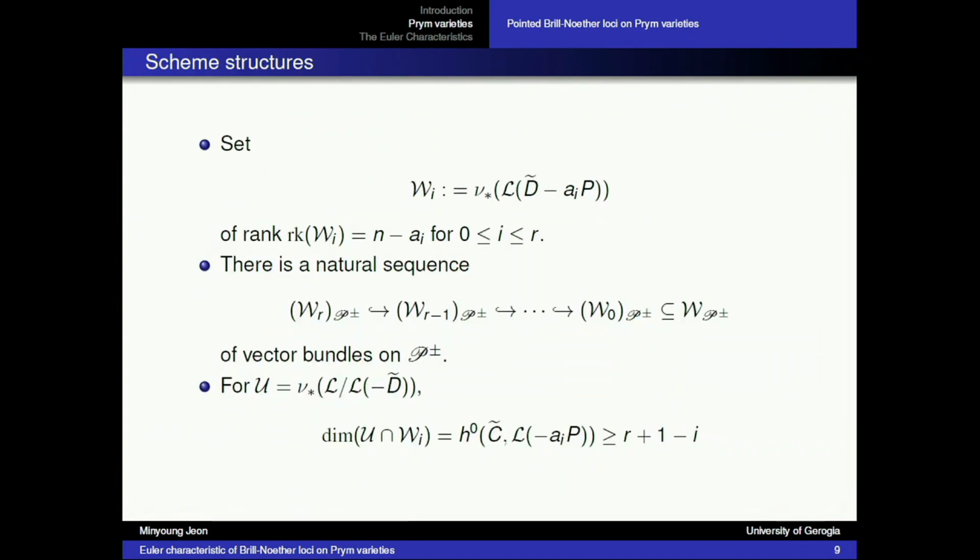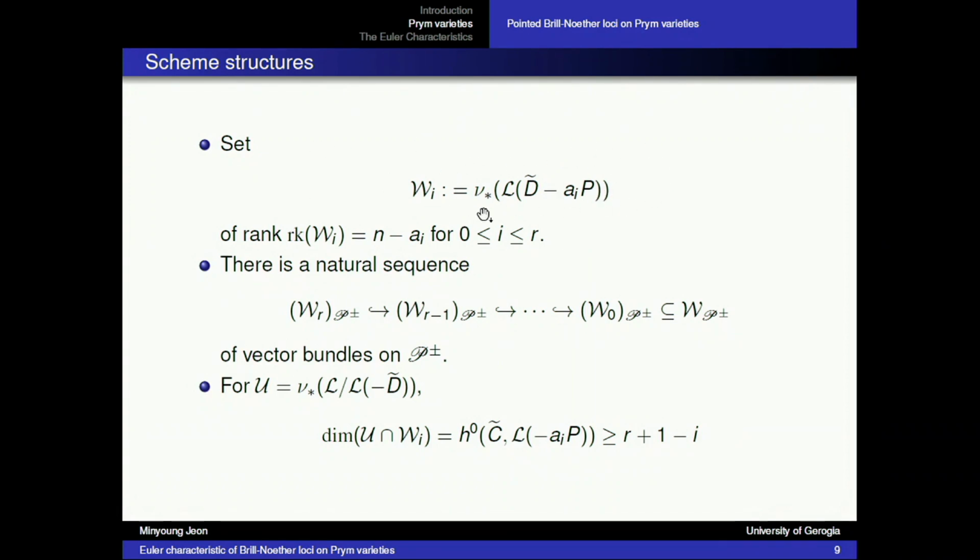As before, we set U as the maximal isotropic subbundle using the same vector bundle of rank n. If we set W_i as the pushforward of the projection of the line bundle associated to the degree n divisor with the vanishing sequence like this, then the vector bundle W_i has rank n minus a_i.